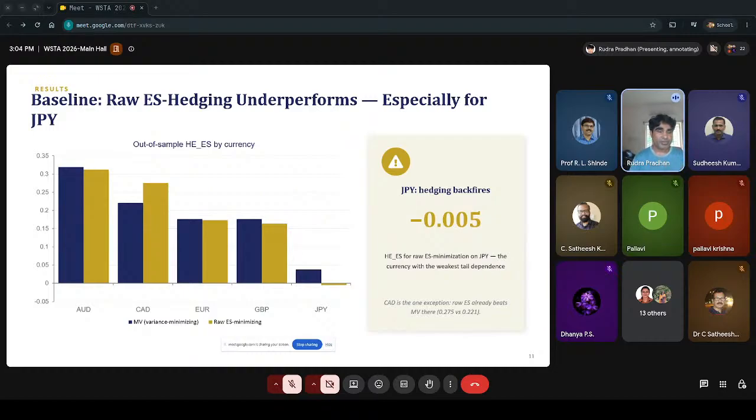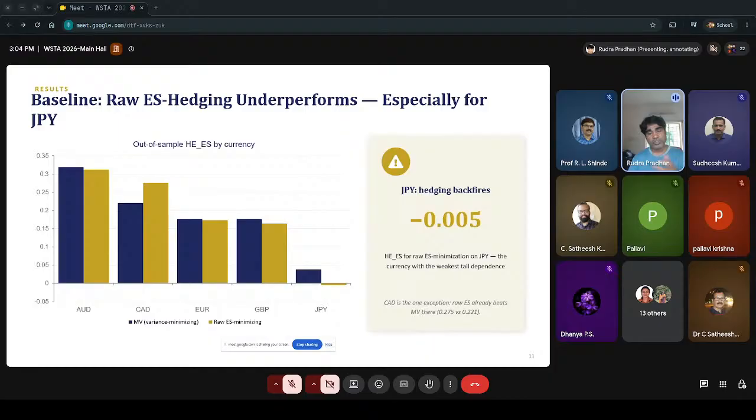For example, if you go by this out-of-sample case, the diagram reflects the behavior of 5 different currencies, and the blue reflects the MV process, the variance minimizing process, and the yellow represents the raw ES minimizing process. I told you that we have applied 2 different mechanisms to justify this case.